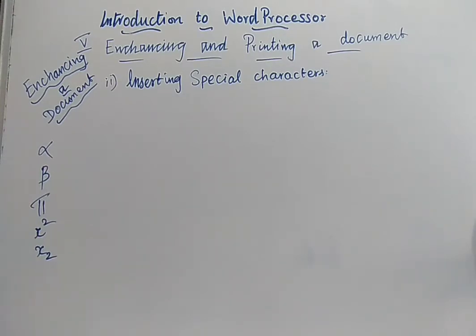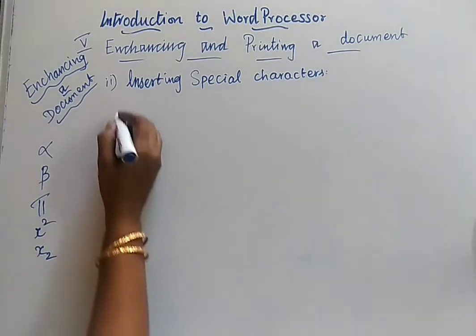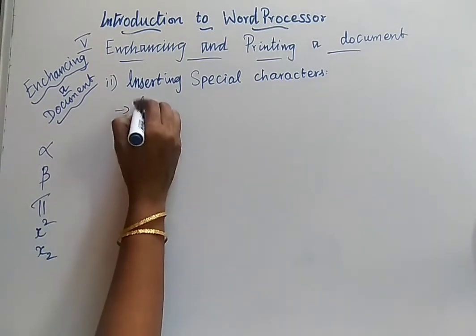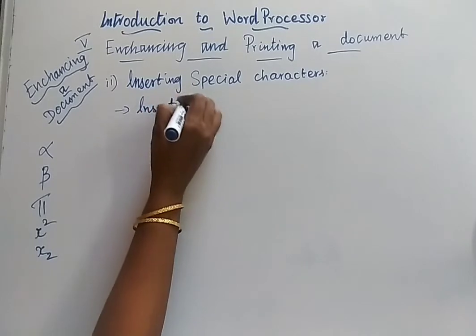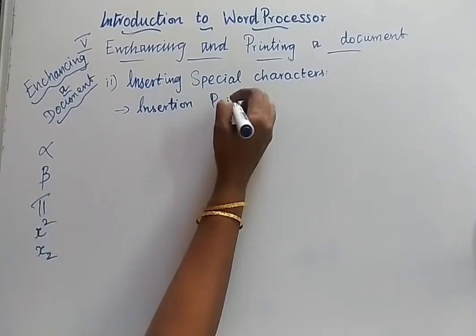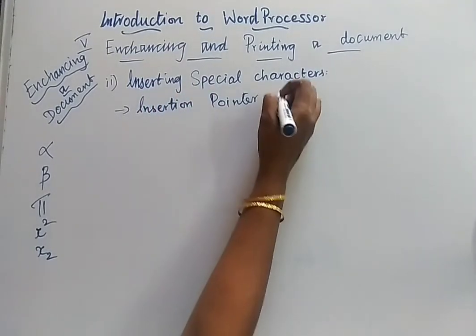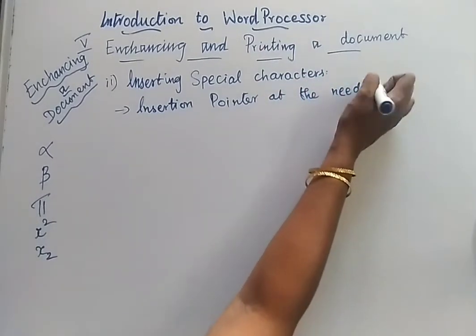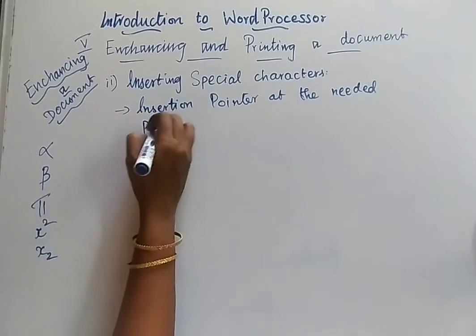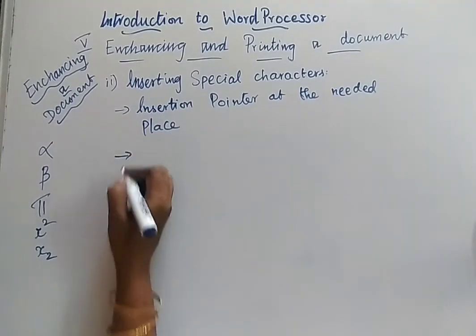Now we can proceed with the procedure. The first point is to select the place where you need to insert the special symbol. Place the insertion pointer at the needed place in the document where you are willing to insert your special character.